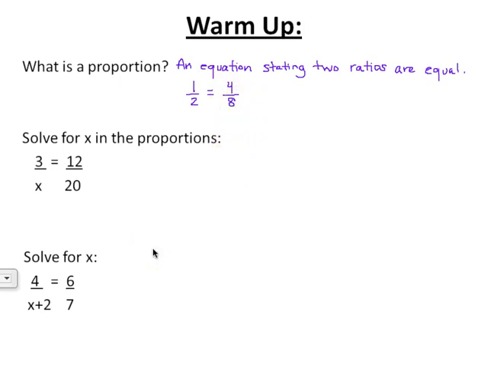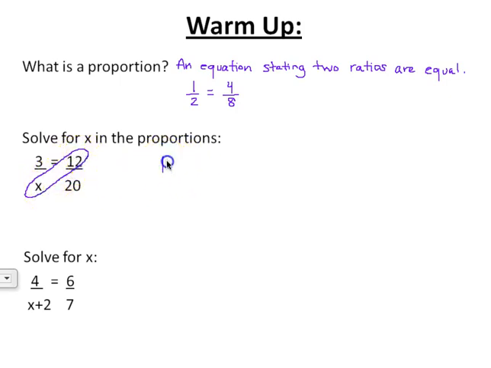So we've learned about proportions in the past, and I wanted to make sure everybody remembers how we solve for a variable within a proportion. So for the first one, we're going to solve by cross multiplying. I'm going to take the denominator of the first ratio and multiply it by the numerator in the second ratio.